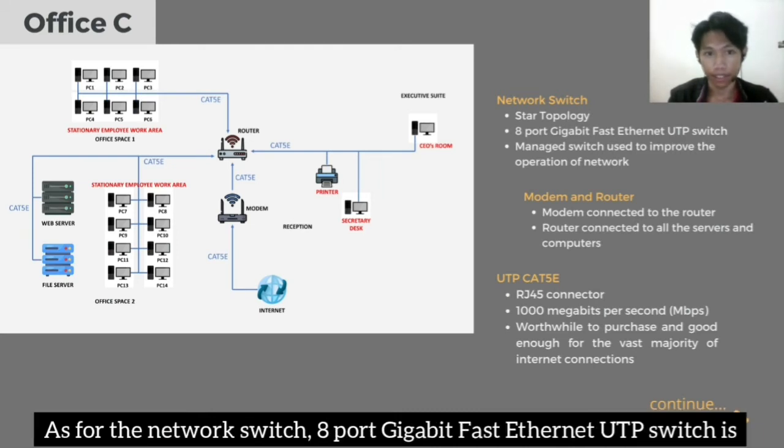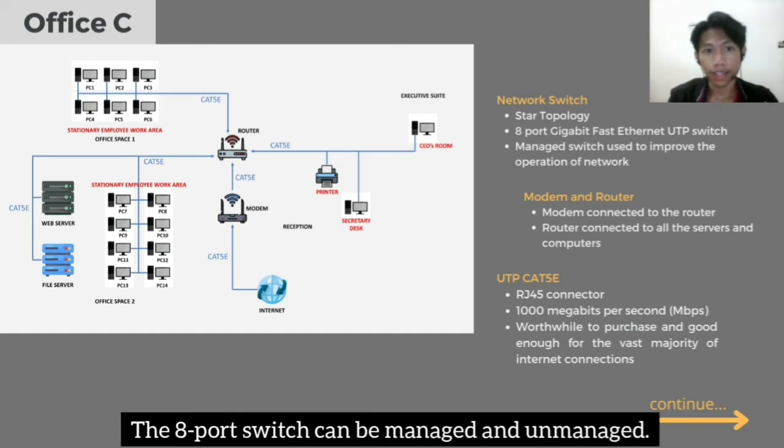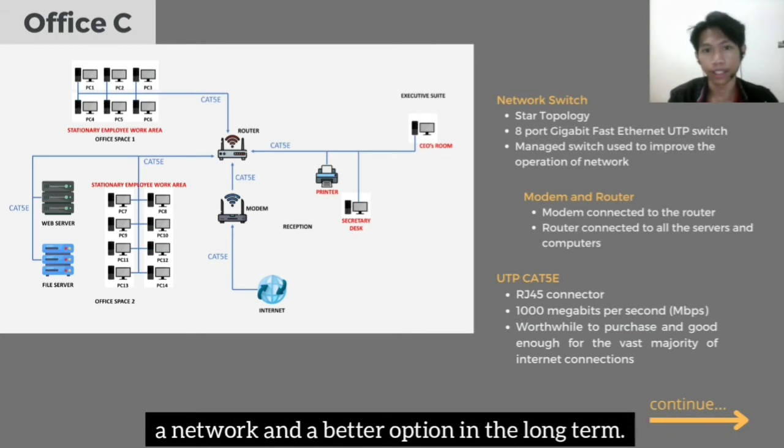As for the network switch, an 8 port gigabit fast Ethernet UTP switch is the network switch to be used. This network switch has RJ45 Ethernet ports. The 8 port switch can be managed or unmanaged. A managed switch can be adjusted to improve the operation of a network and is a better option for the long term.